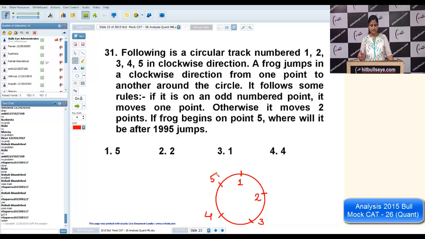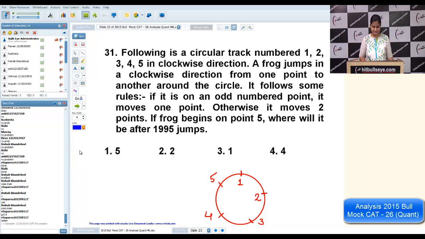A frog jumps in a clockwise direction from one point to another around the circle. It follows some rules. If it is on an odd number point, it moves 1 point clockwise. Otherwise, it moves 2 points. If frog begins on point 5, where will it be after 1995 jumps?